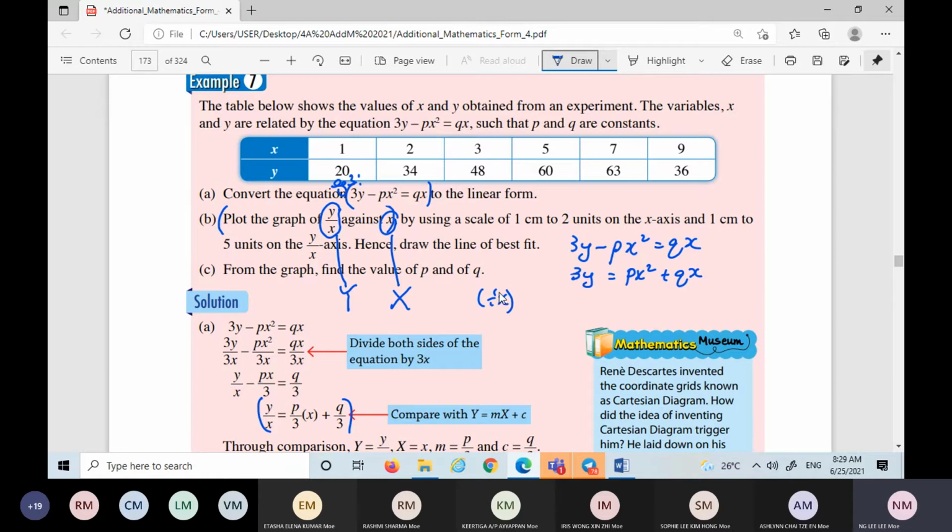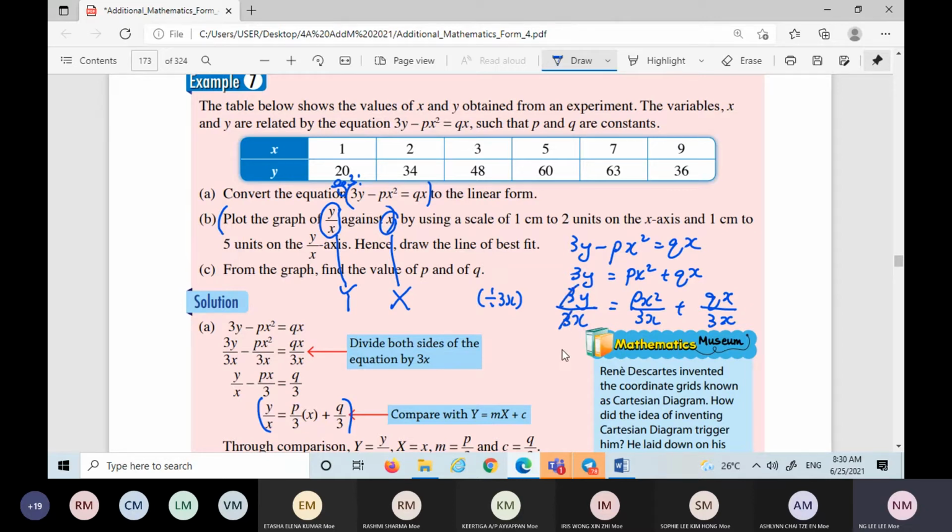I can in one shot divide by 3x, so I can get rid of the 3 and have y over x. So in one shot divide every term by 3x.